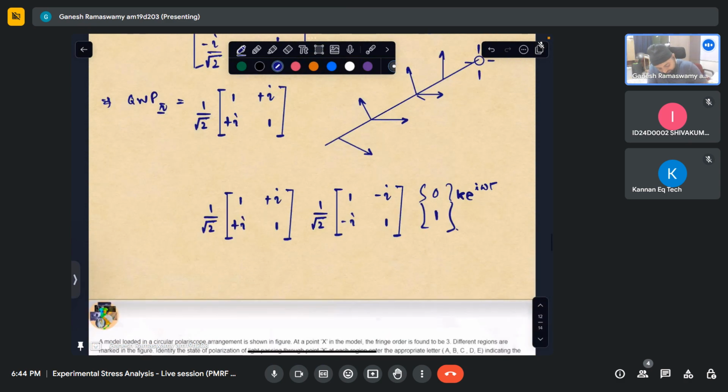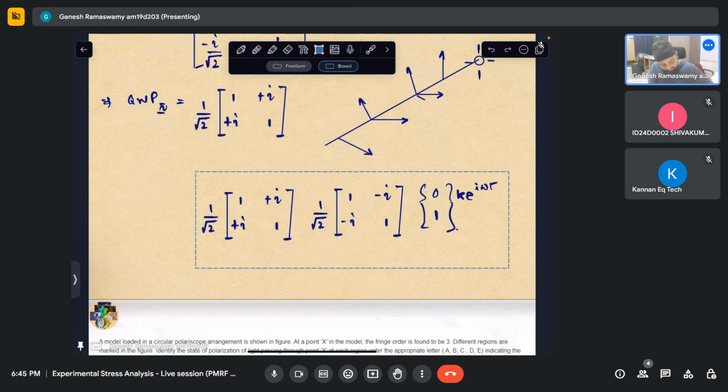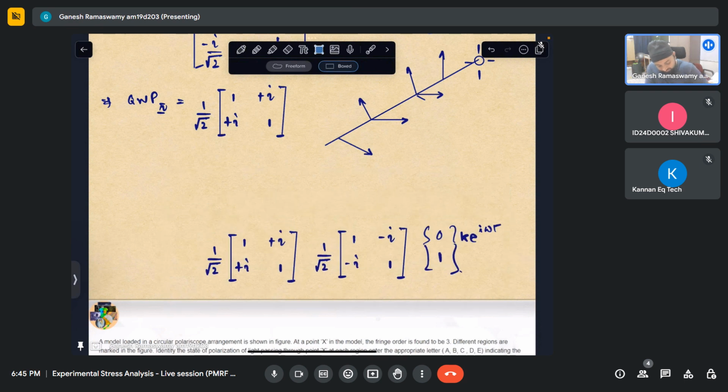So the analyzer can be represented as, in fact, let me put it here.